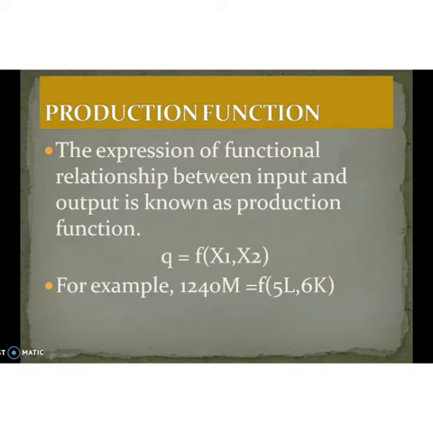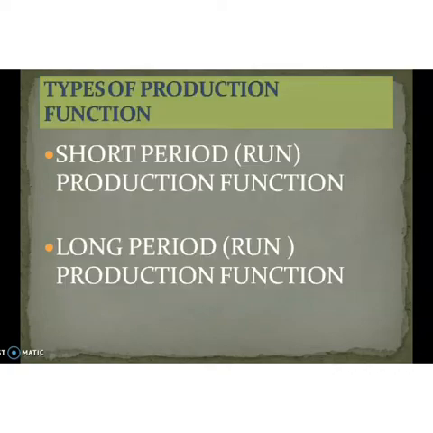Okay students, then we are going to the next topic, that is types of production function. What are the types of production function? On the basis of time dimension or time period, the production function can be divided into short period or short run production function and long period or long run production function.